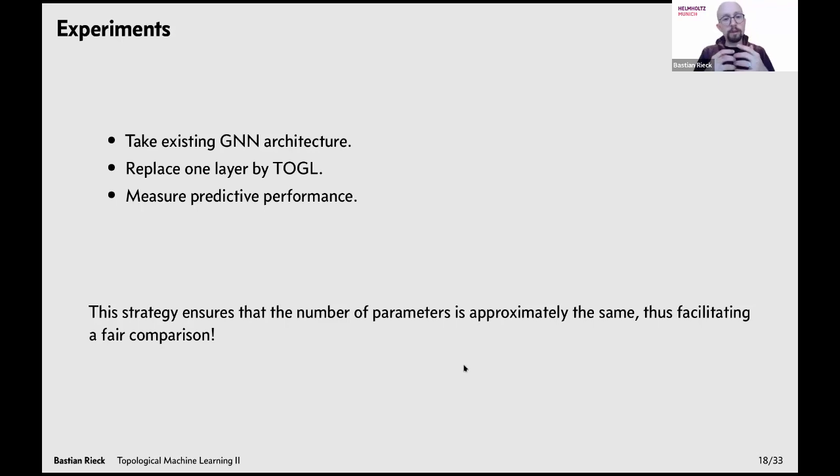And what you really want to see is, given the same number of parameters or almost the same number of parameters, do you get an insight from one formulation as compared to the other formulation? And this is what we set out to do. So our goal was not to say, haha, with this architecture we can beat everything, but our goal was really just to say, okay, if we replace this layer here, this is how your expressivity changes, this is how your predictive performance changes.